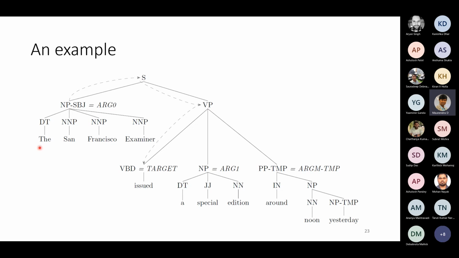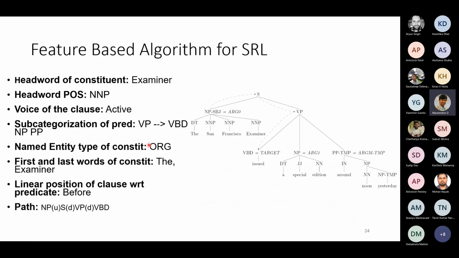We want to identify the role of the constituent, the San Francisco Examiner, in this sentence. The algorithm proposed in the paper looks at different features. This is the constituent for which we want to find out the role.